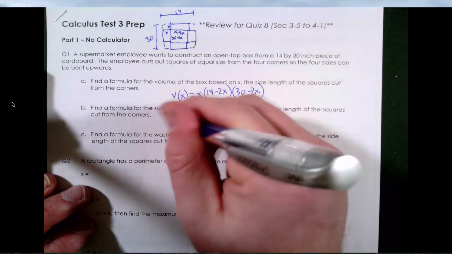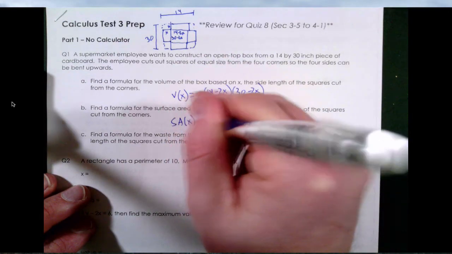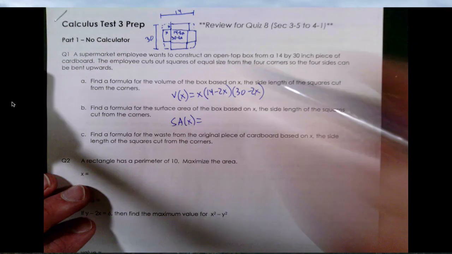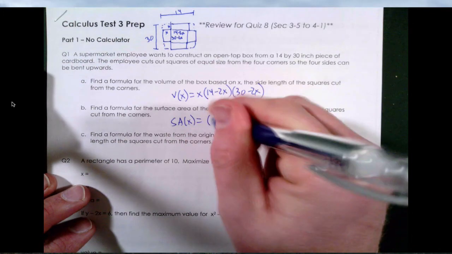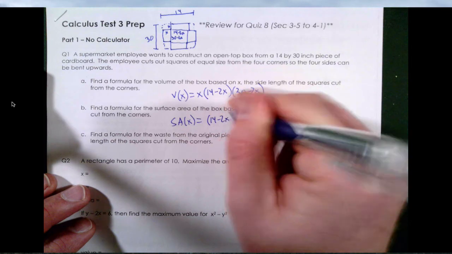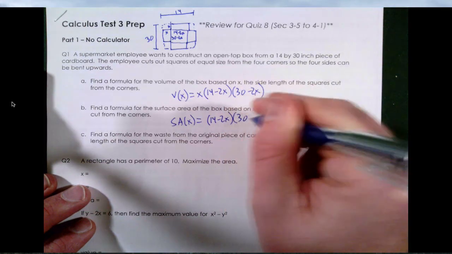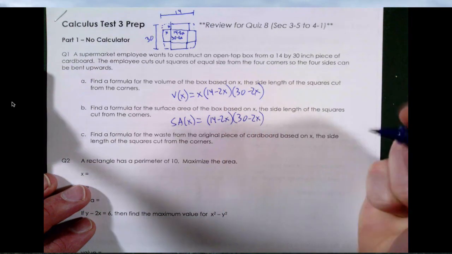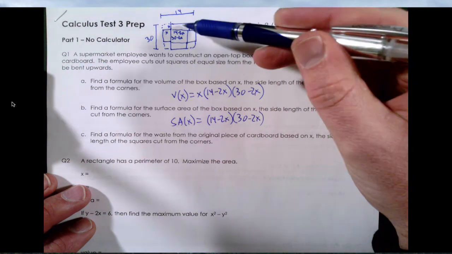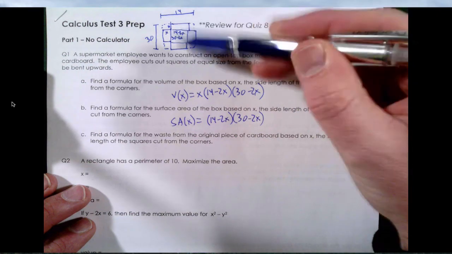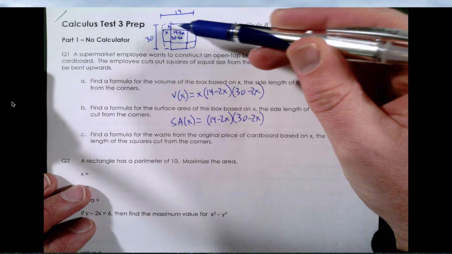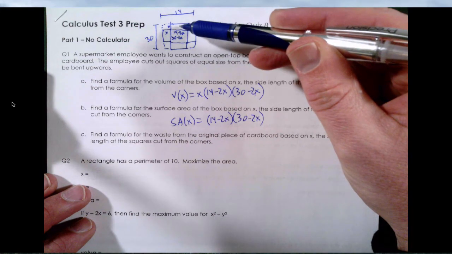Find a formula for the surface area of the box based on x. Well, there's the base, which is 14 minus 2x times 30 minus 2x. And then there are the four sides. This side here is x by 14 minus 2x, same for the opposite one, so I have two of those.